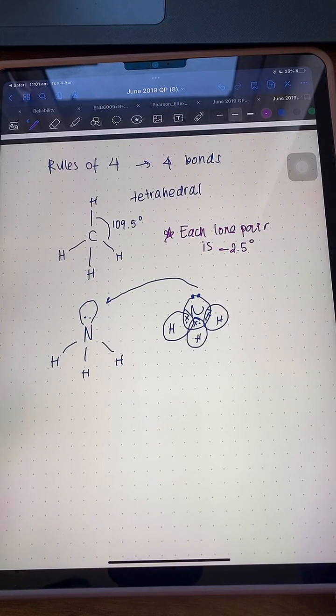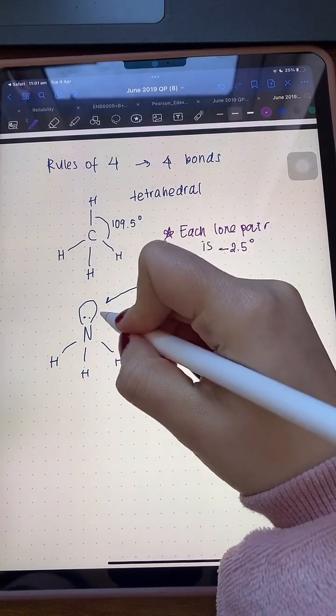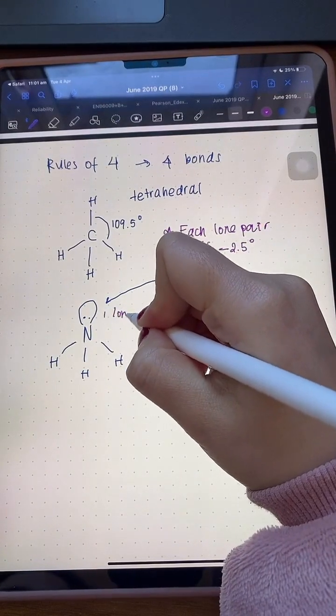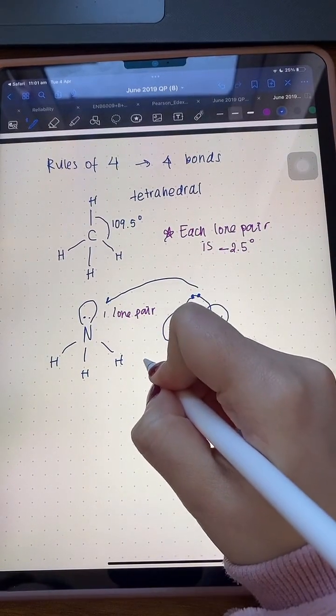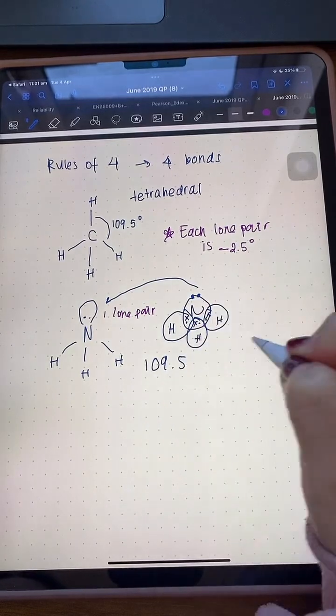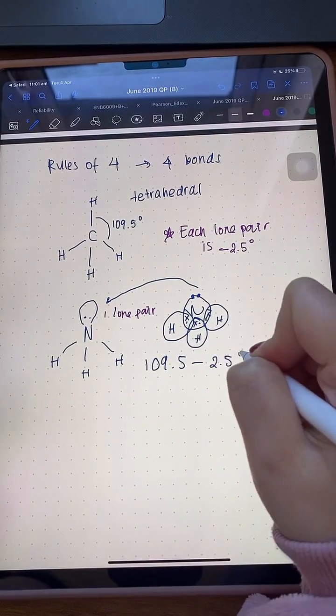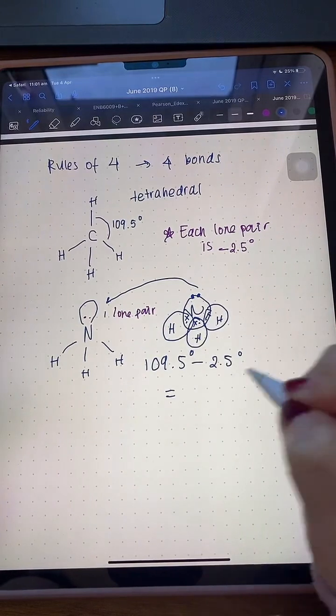So we have one lone pair here, which means your bond angle will be 109.5 minus 2.5. And that gives you 107 degrees.